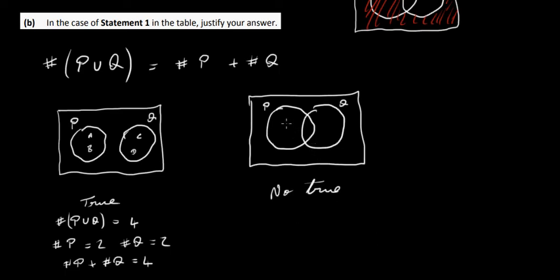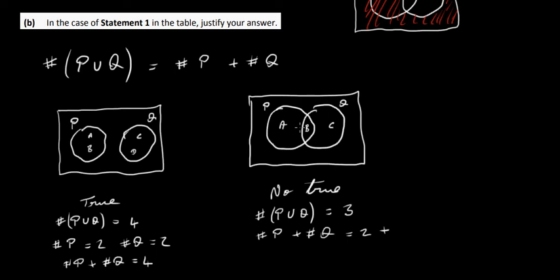So for example, let's say you've got an A here, you've got a B in here, and you've got a C here. So in this particular case, the cardinal number of P union Q is just equal to 3: 1, 2, 3. The cardinal number of P plus the cardinal number of Q, well, the cardinal number of P is 1, 2.